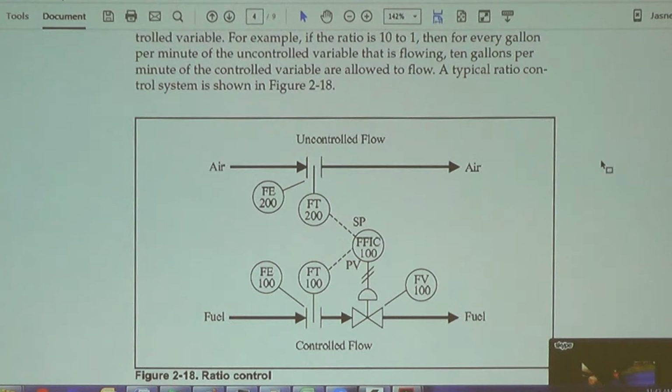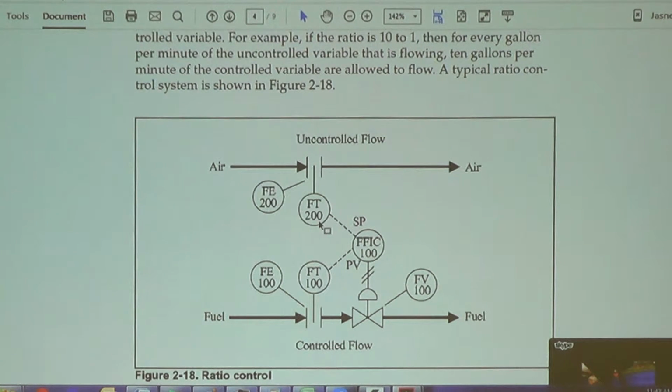So what happens here is, you have an FFIC. This is a controller which is controlling my controlled flow. So one is an uncontrolled flow, air, and then air and fuel control wherever we have. This is the best example for ratio control. So we have air, then we have fuel. We don't control the air, we just sense air.